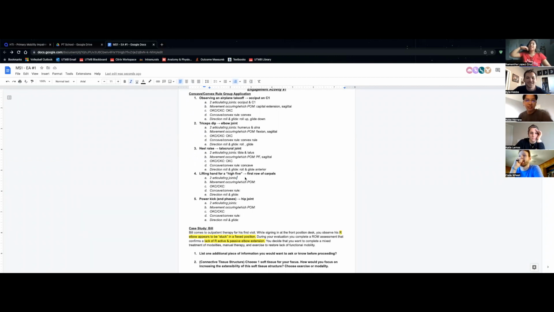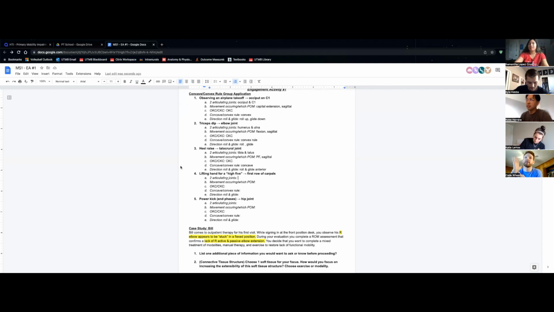Okay, so let's go to the high five then. It's the lifting hand for a high five, so it's the extension. That's what I'm thinking she means. She's talking about the carpals, so it's your carpals with your radius. I would think so.